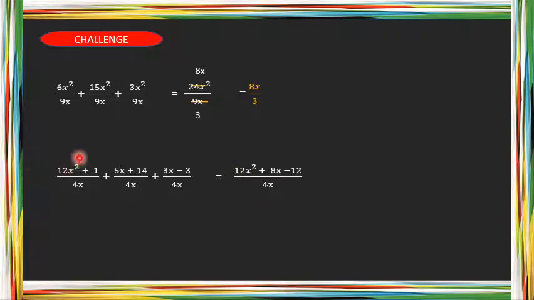Just copy, there's no similar terms here. We can combine only 5x and 3x. That's why, since both are positive, we have to add. That's why you get 8x. And for this one, positive 1, 14, and negative 3, we have negative 12.